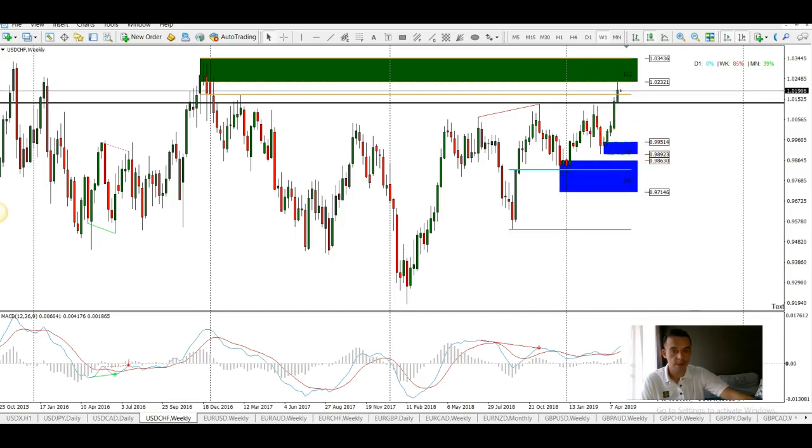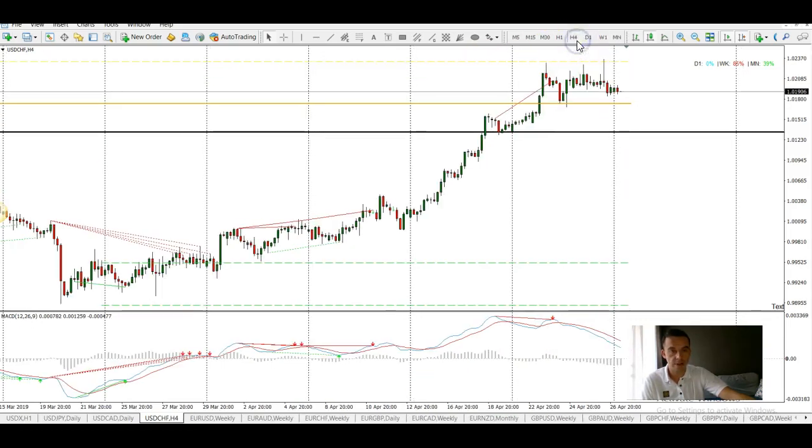Okay. And see, we've got that test of this weekly inside the monthly there on Friday. Talked about that in last week's video. We set it and it started to retrace, and if you see on the lower time frames, the 4 hour, we actually get a divergence signal happening at that area. So market is slowing down.